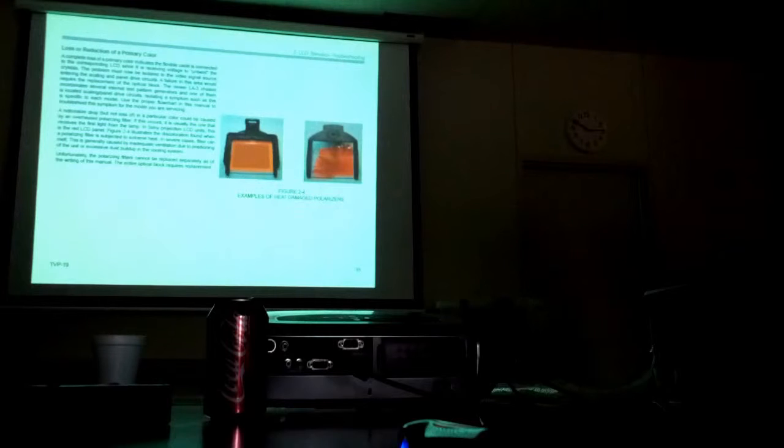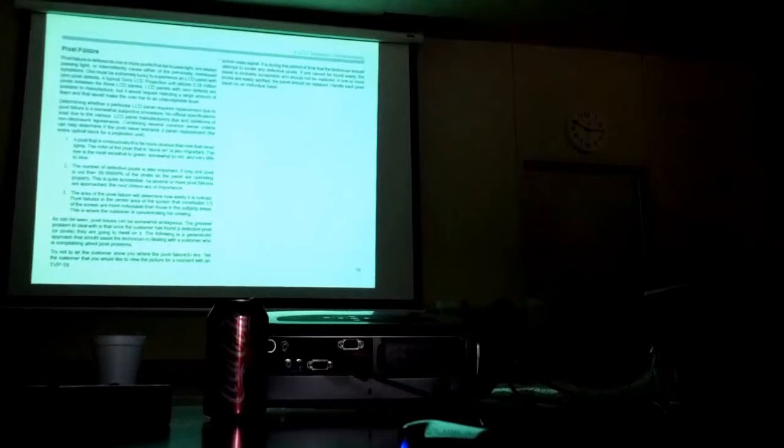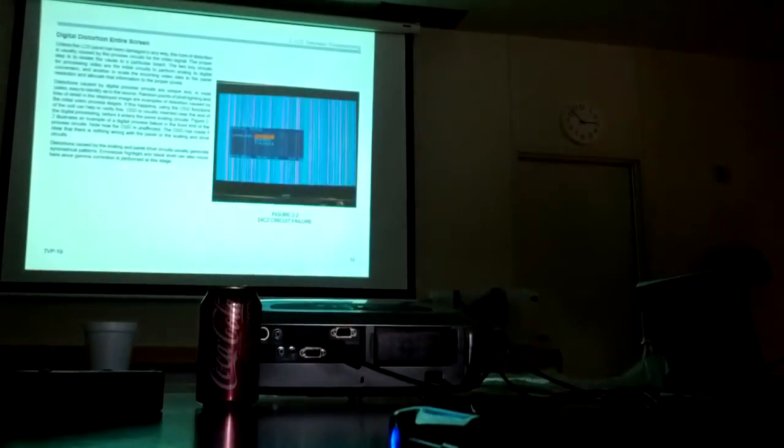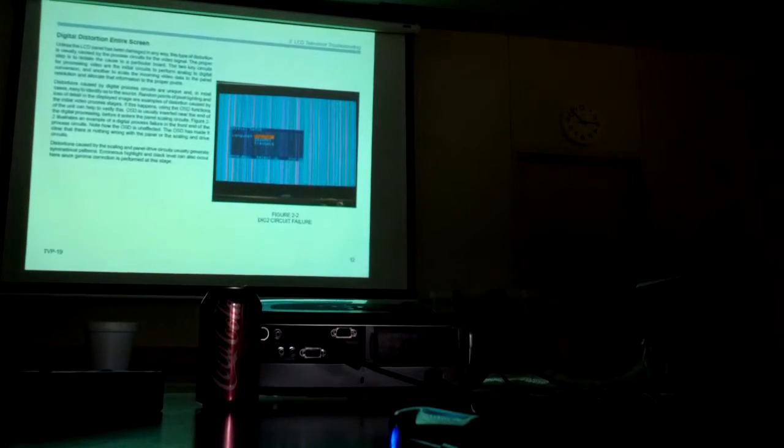So that's the nature of the beast. Pixel failure is either going to be continuously on or it's going to be dead. You would think that, because anything that allows you to make that much light, which is what you need, is going to create heat.